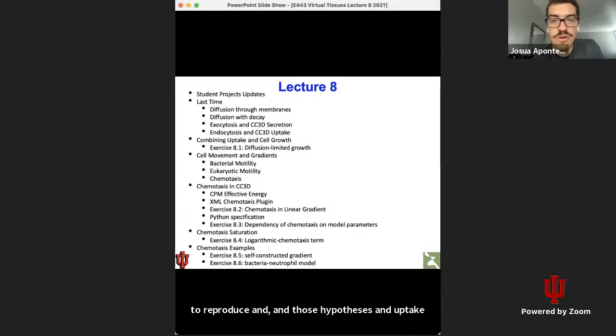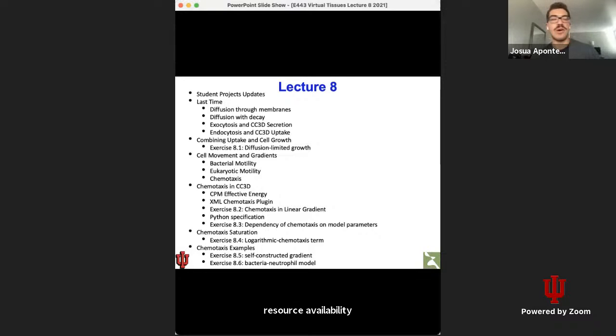And then after the review, we will have an in-class exercise where, as I said, we combine the uptake from the concentration field with cell growth to model how cell proliferation can be controlled due to resource availability.